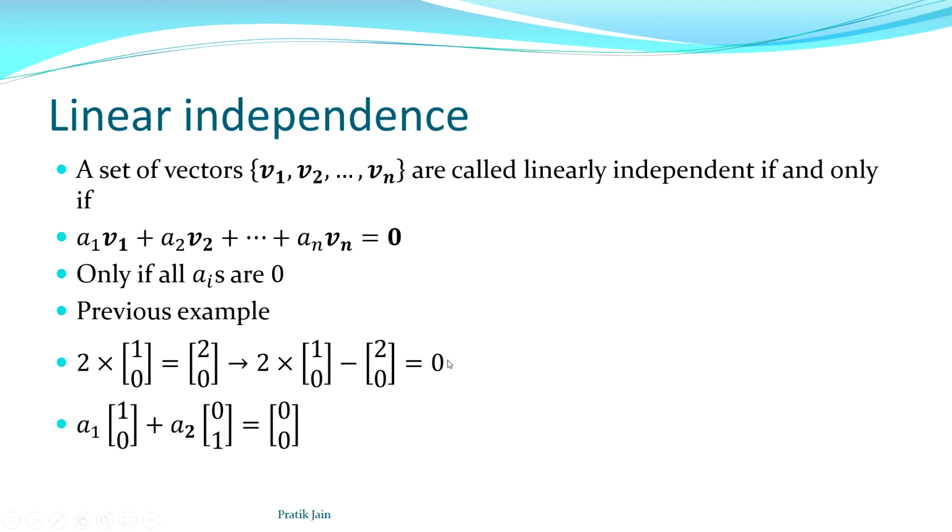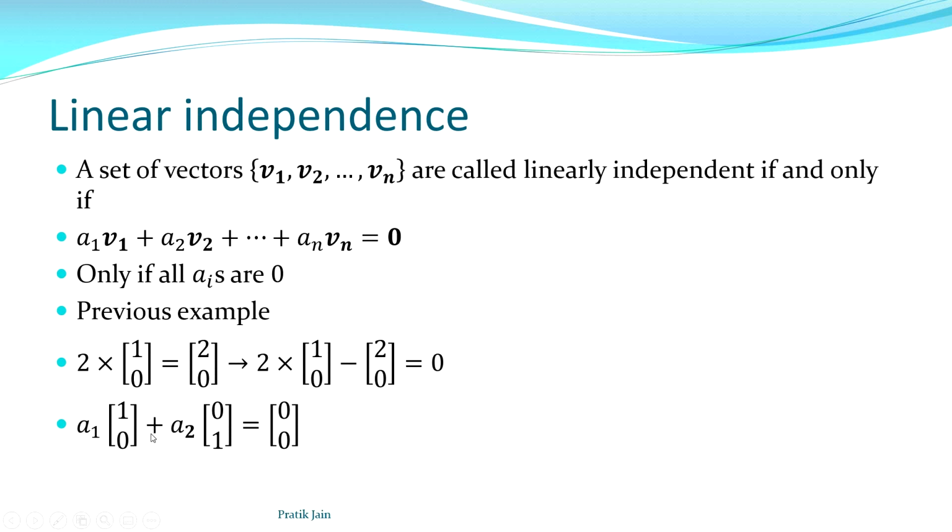Okay, this will never happen for linearly independent vectors. So say for this, I have 1 comma 0 and I have 0 comma 1. Now you will never get any scalars a1 or a2 which will give you the answer 0 comma 0, except when a1 and a2 are zeros. So a1 comma a2 equal to 0 is the only solution to this thing, and that is what we call linear independence.